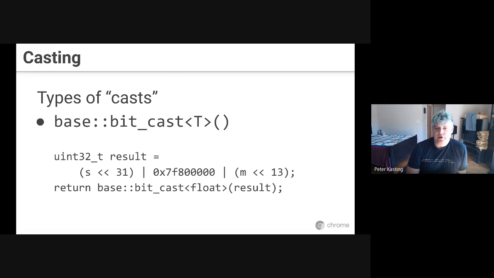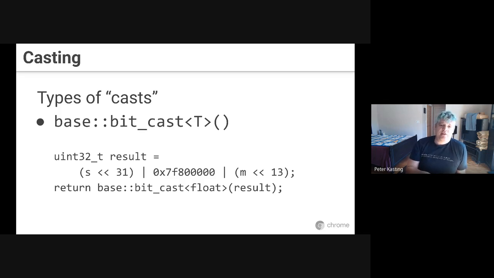I think under the hood, what it does is it allocates space for an object of the correct destination type, and then it mem copies into that location. And because you've allocated by the correct type, it's legal for the compiler to then look at the bits in that location as that type. So then you're allowed to do mem copy into it, and you get kind of what you want.